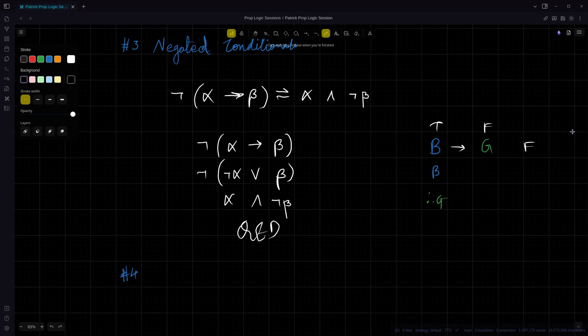Okay. And what if someone says something like, if the sea is blue, then the sky is blue? These are two things which are sort of correlated with each other, right?